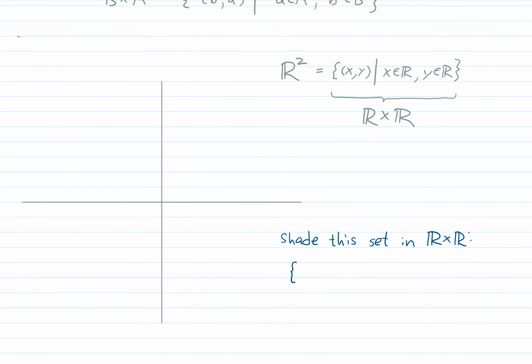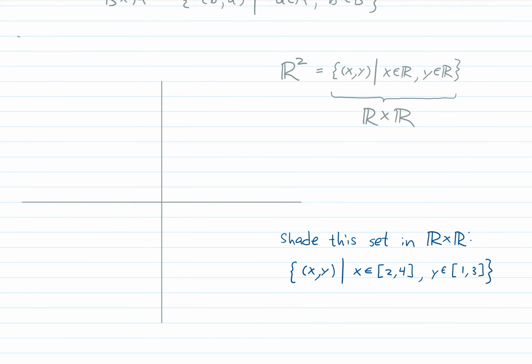Let's do the set of all ordered pairs such that, let's say, x is an element of the closed interval from 2 to 4, and y is an element of the closed interval from 1 to 3. Let's shade that set inside of R cross R. Okay? What would it look like?